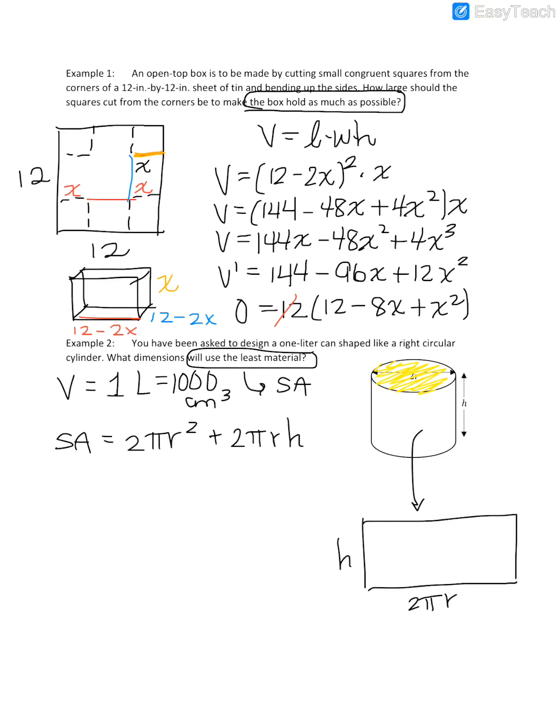Okay, so let's go down here. Volume of a cylinder would be pi r squared h. It's the area of the circle times the height. And then I'm going to go ahead and divide both sides by pi r squared. So that gives me the height in terms of the radius, and now I can plug that in here.